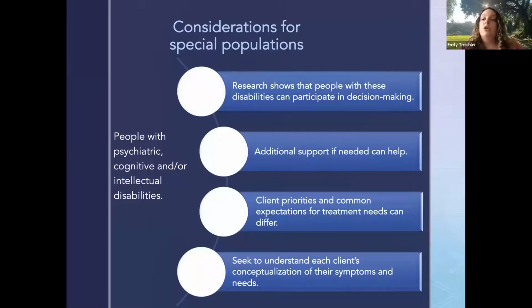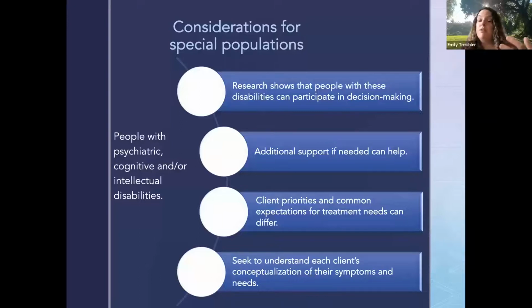And so there's no reason to assume that a client you're working with who has one of these disabilities can't participate in decision-making. You might want to think about what kinds of supports the clients you work with might need. Frequent ones include having a longer period of time to discuss options, having multiple sources of information, so discussing it, but also having written and/or visual resources, being able to even take those resources home.